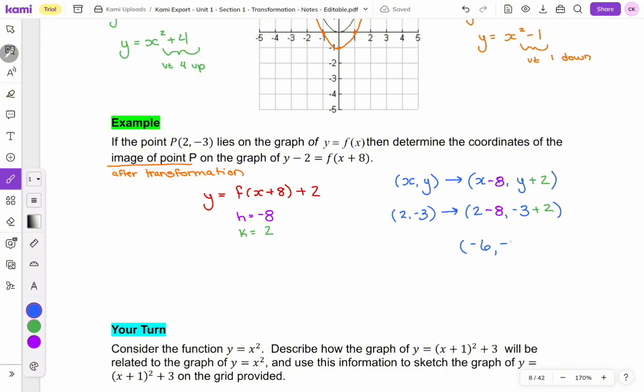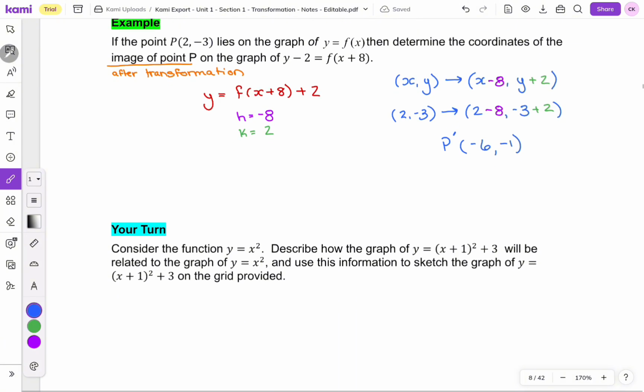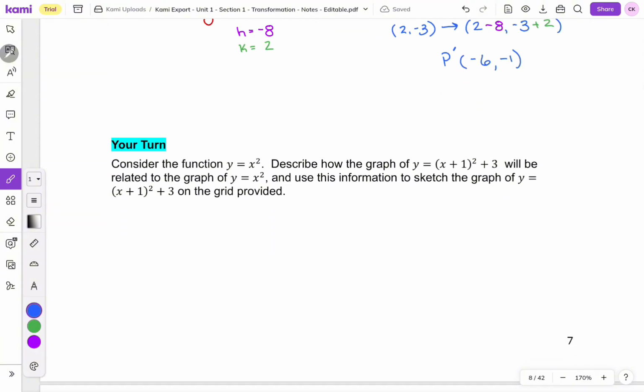Negative 3 plus 2 is negative 1. So this is our image, sometimes labeled as P prime, the point of our transformation. This is when the mapping notation helps, when you're dealing with these coordinates. All right, now your turn. Pause, try it, see how you did.